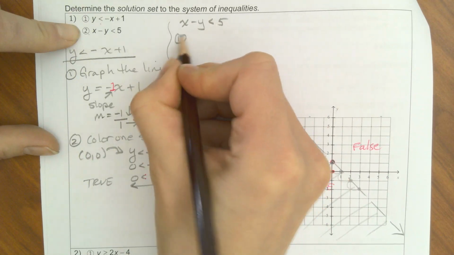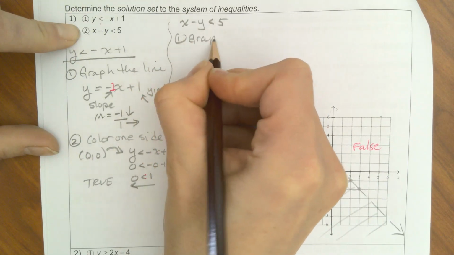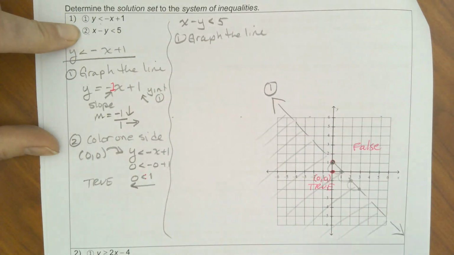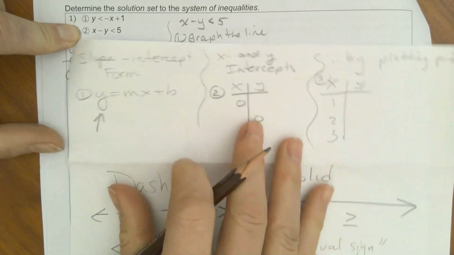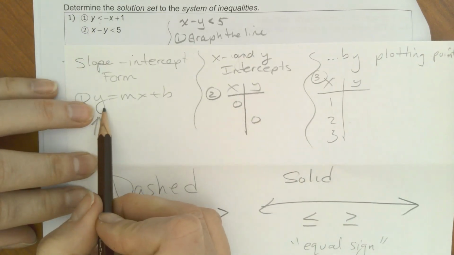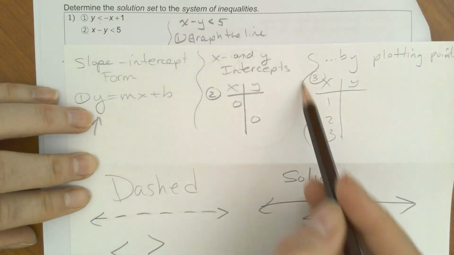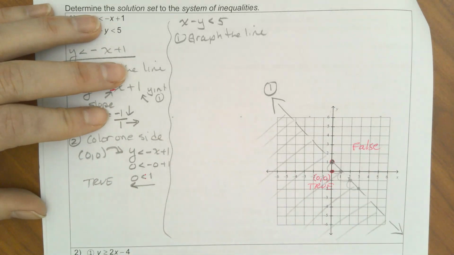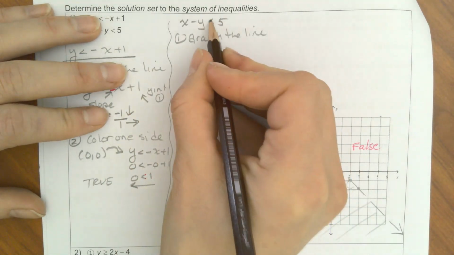Okay, so step 1, graph the line. If I look at this, y is not by itself, so I'm going to use the x-y intercept method to graph this line. So let's write it out with an equal sign.